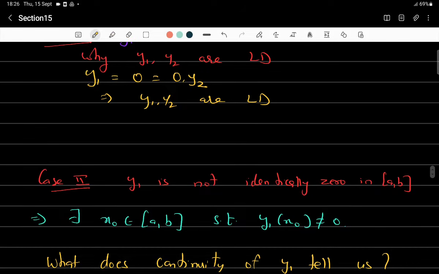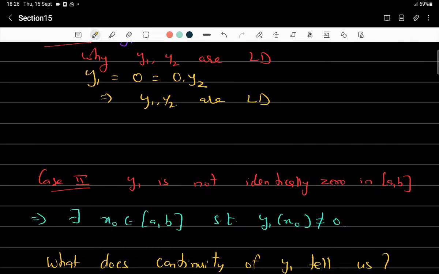Now we know that the solutions y1 and y2 are continuous. It directly follows from the original differential equation, where the continuity of p and q leads to the existence of the solution, and these solutions come out to be continuous. Since y1 is continuous, what does it tell us?